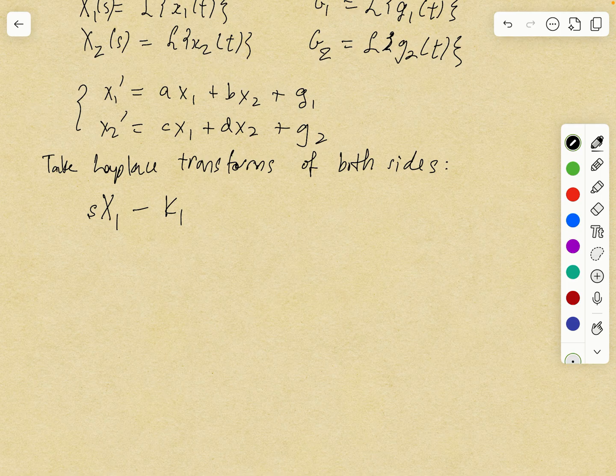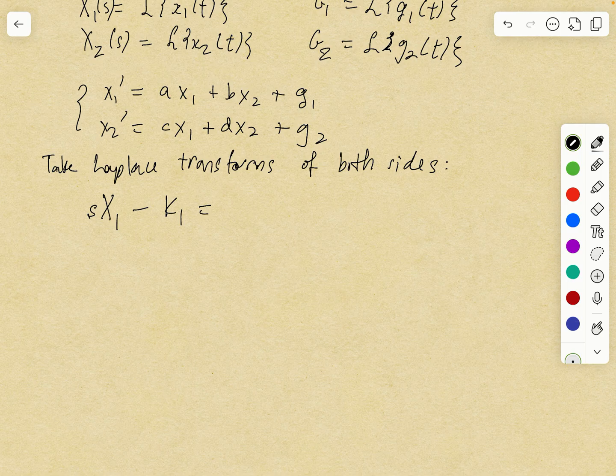So this is equal to the Laplace transform on the right-hand side. And there is this linearity property that the Laplace transform of a linear combination of the functions is the corresponding linear combination of the Laplace transforms.